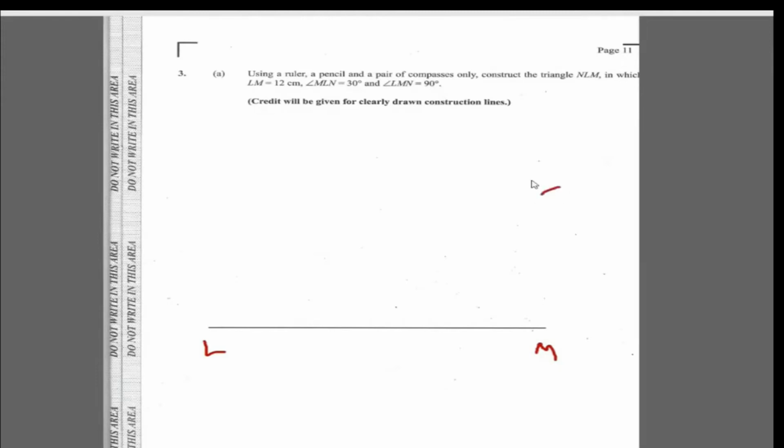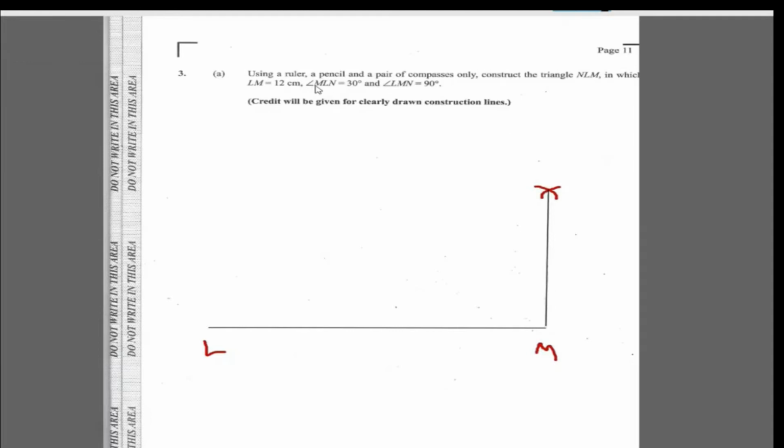I'm just doing a rough sketch of what you should have. This angle should be 90 degrees.